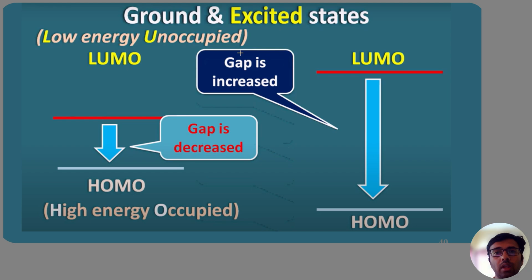If the solvent stabilizes the HOMO strongly, its energy decreases. If the LUMO remains unchanged, the energy gap increases. Alternatively, if the solvent stabilizes the excited state LUMO, the energy gap decreases. Thus, the environment directly controls the photon energy required for absorption.